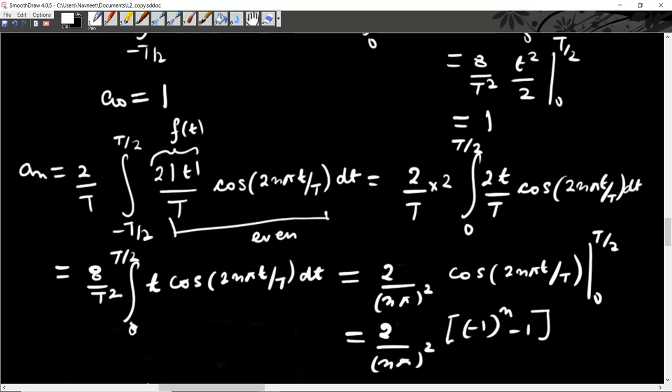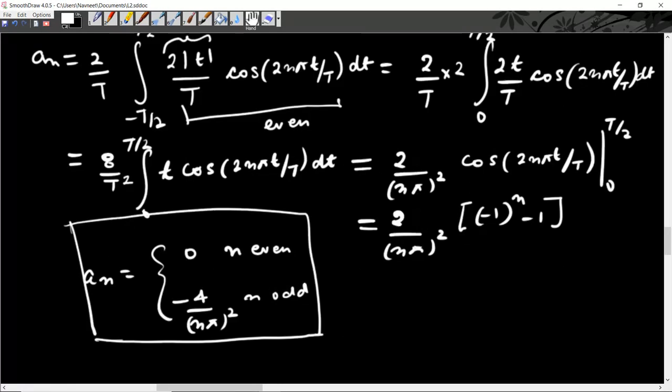So I can write these coefficients an as follows: when n is even, you have 0, and when n is odd, you have minus 4 over n pi squared. So these are my coefficients.